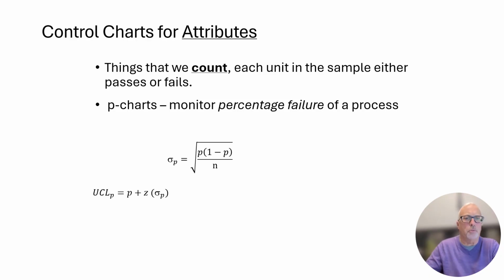And I'll show you a sample problem. We'll see how this goes together. Once we have that value, we can calculate our upper control limit, and it's just going to be P, the percentage for the whole process, the center, the mean, if you will, plus Z, our multiplier. And remember Z, if we want to be 95% confident or only have a 5% chance of a type 1 error, then we use 1.96.